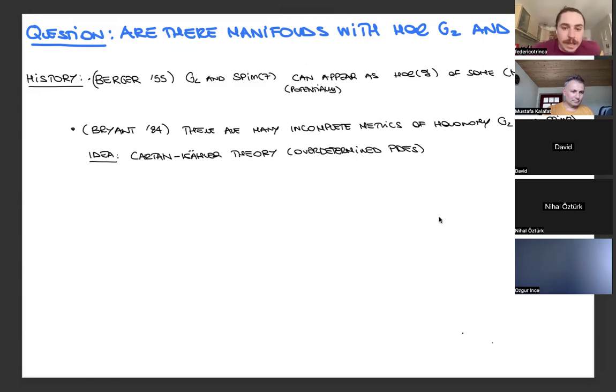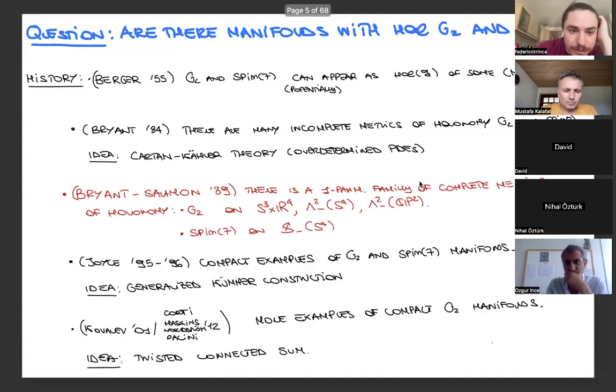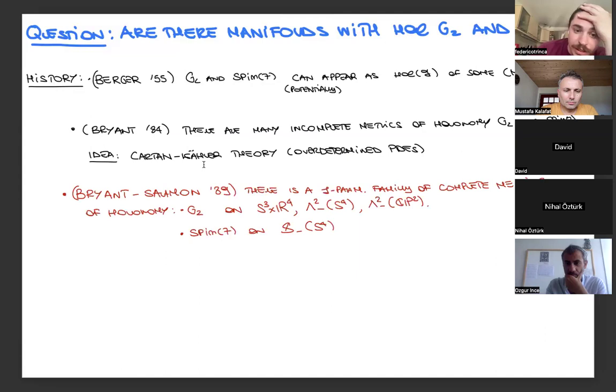And the idea behind this proof was using Cartan-Kähler for overdetermined PDEs. So this is a bit of the history of the field, and later, Bryant and Salamon in 1989 constructed the first complete examples, and these are done on S3 times R4, the anti-self-dual 2-forms over S4, and the anti-self-dual 2-forms over CP2 in the G2 case, and the negative spinor bundle over S4 in the Spin(7) case.